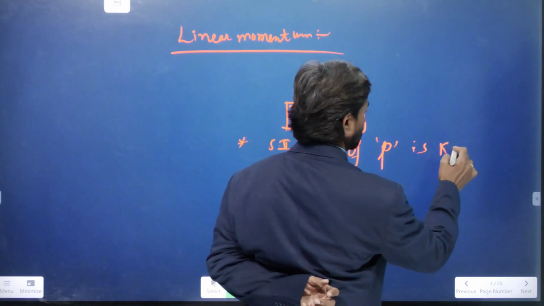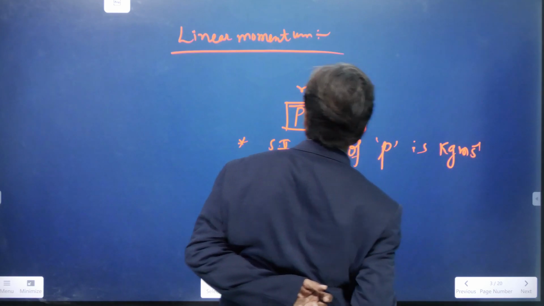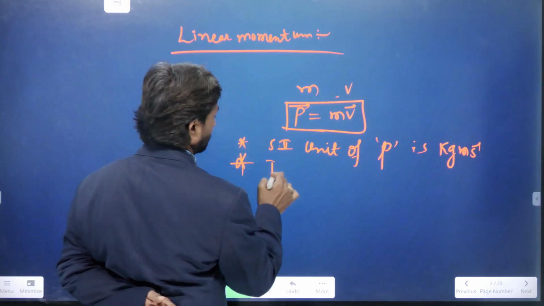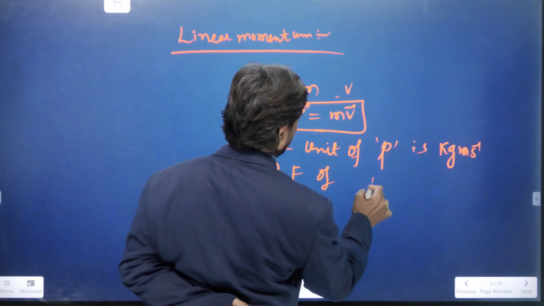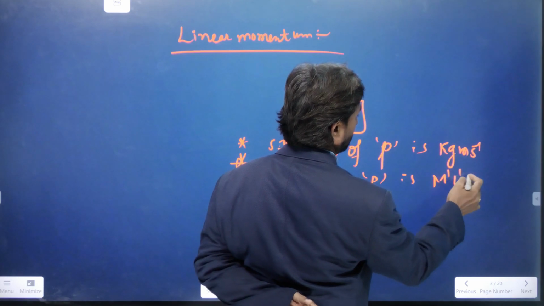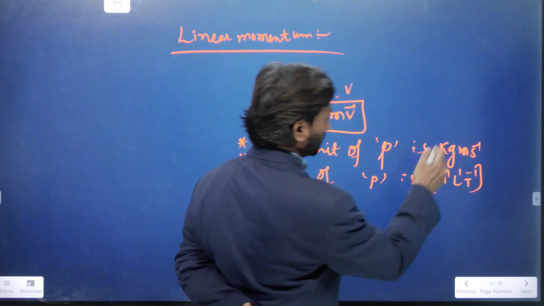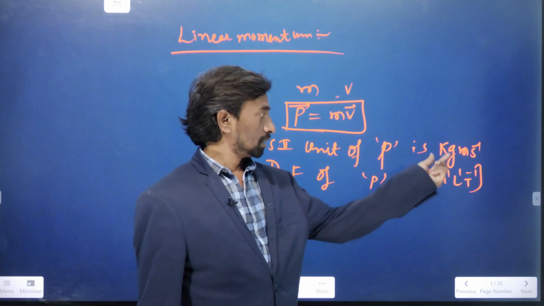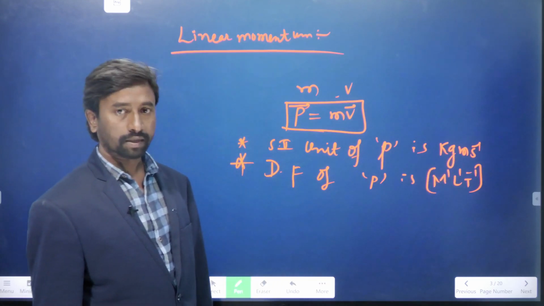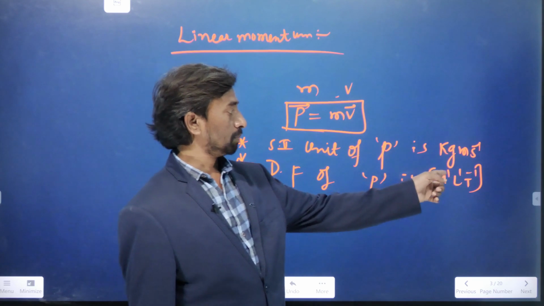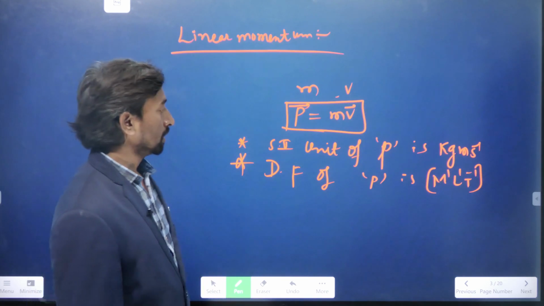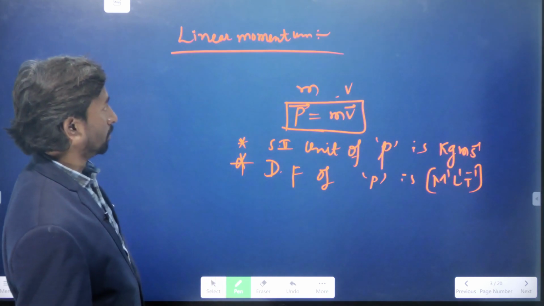Second, the dimensional formula of P is M power 1, L power 1, T power minus 1. From the SI unit, kg symbol is M, meter symbol is L, and time symbol is capital T. So the powers are 1 for mass, 1 for length and -1 for time. That is the dimensional formula of linear momentum.